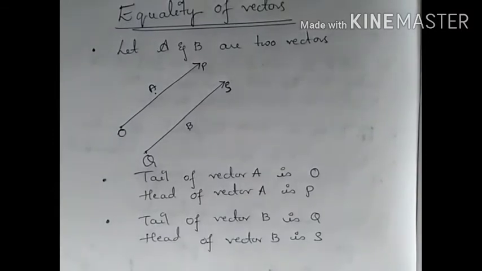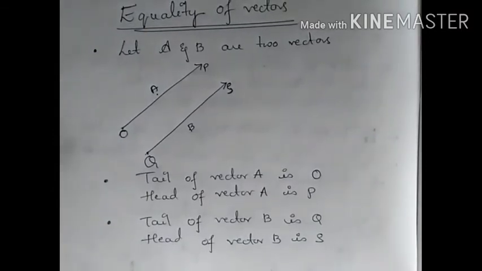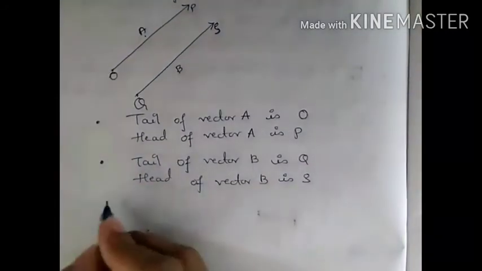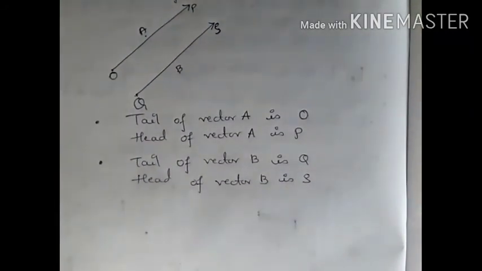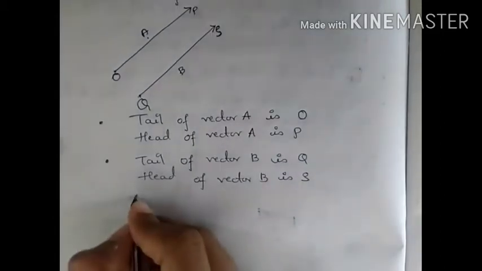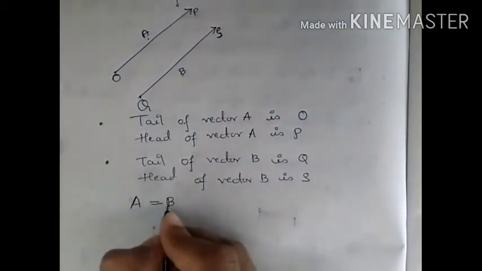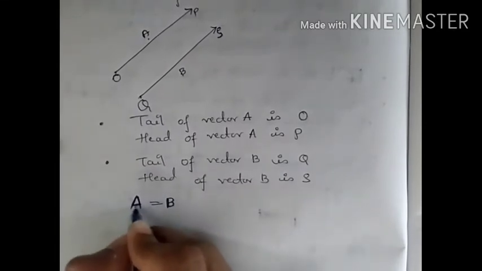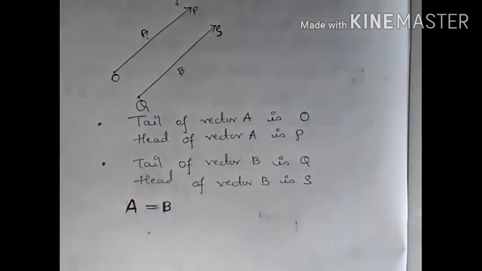If these two vectors do not coincide, then they cannot be said to be equal vectors. Equal vectors can be denoted as A equals B.